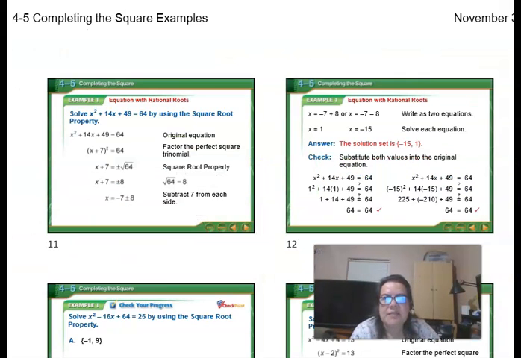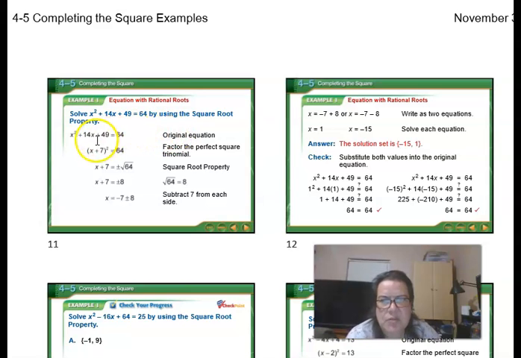In your packet, section 4-5, about completing the square, here are some examples. And so we continue looking at how to solve these. If you look at slide 11, we'll see that it says to solve x squared plus 14x plus 49 is equal to 64, but just use the square root.